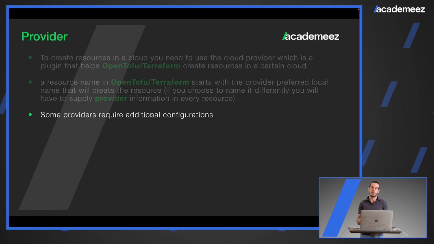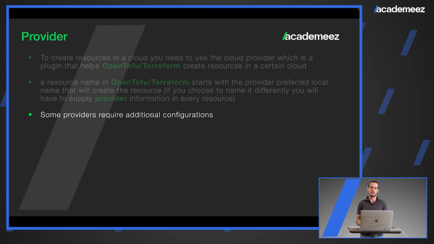And some providers require additional configuration. In this lesson, we'll use the Google provider. The Google provider doesn't really need additional configuration, but you can configure it, for example, to create resources in a default region or in a default project. Those configurations in the Google provider are optional.